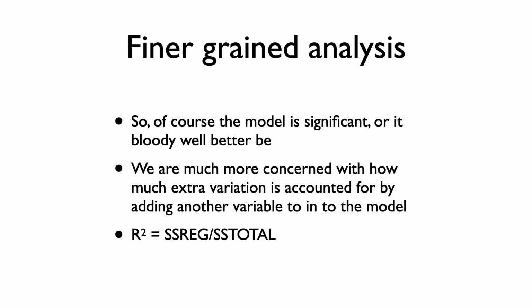We get a value called big R squared. Big R squared is the total amount of variance explained by the whole model. That's sum of squares regression divided by sum of squares total. That gives us big R squared.